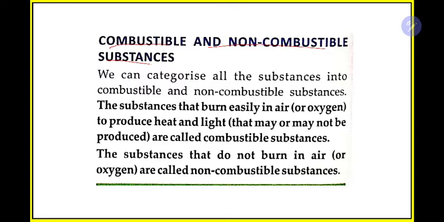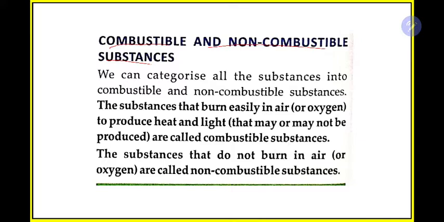After burning soil, you will get nothing, no heat, no light, right? So soil can be considered non-combustible. If you burn aluminium, what will you get? Nothing. It will be heated, but it will not burn, right? So you will get no light, no heat. So it is non-combustible.